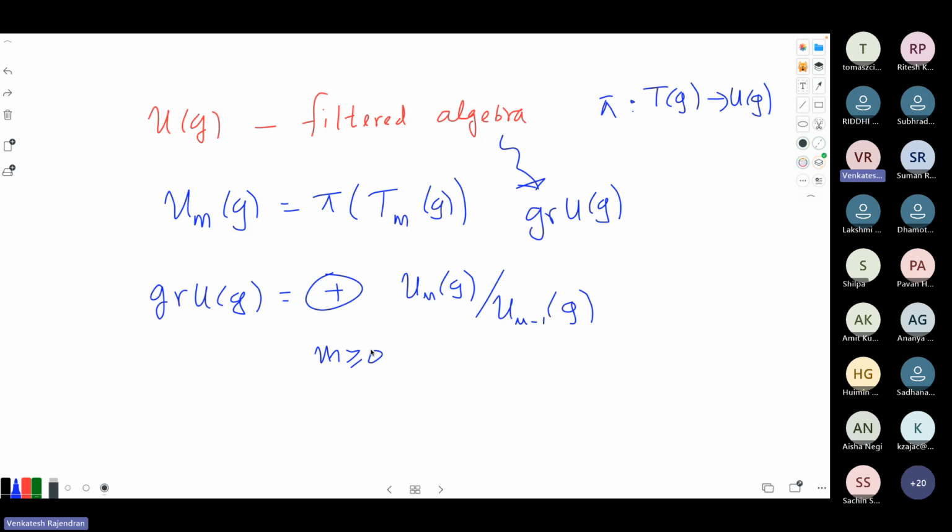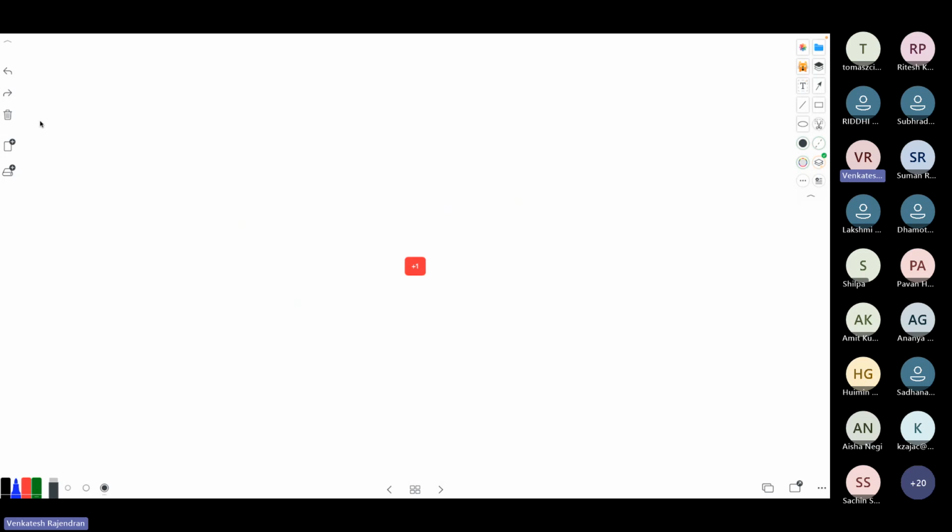But let's first try to understand why there is this natural map. You have this graded algebra, and we want to say that there is a natural map from the symmetric algebra to the graded algebra. How can one get this map?